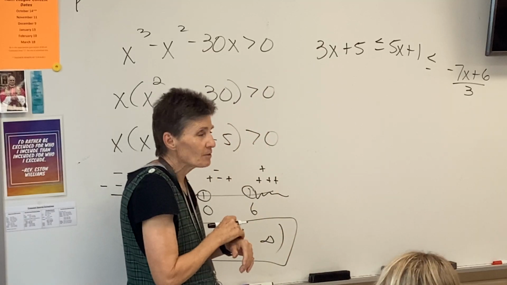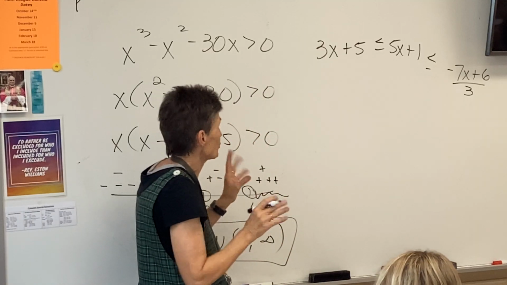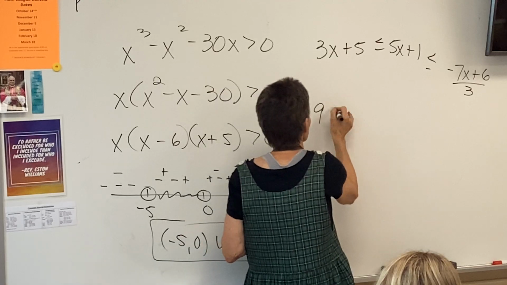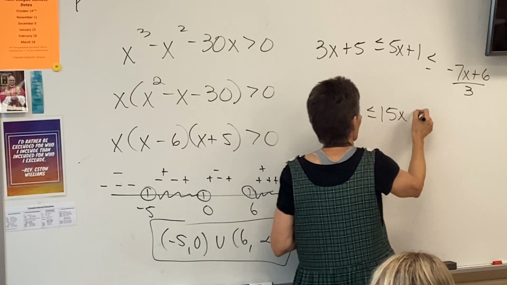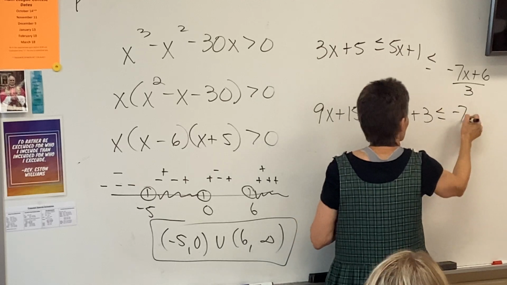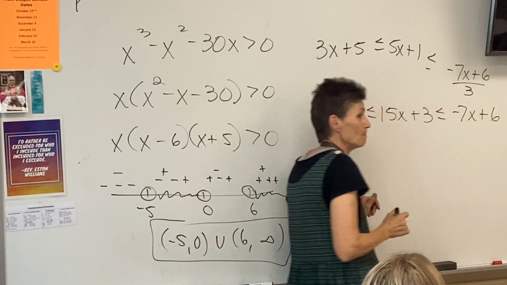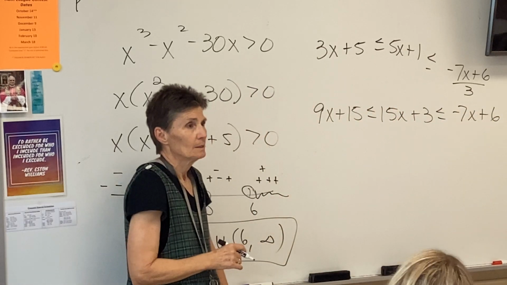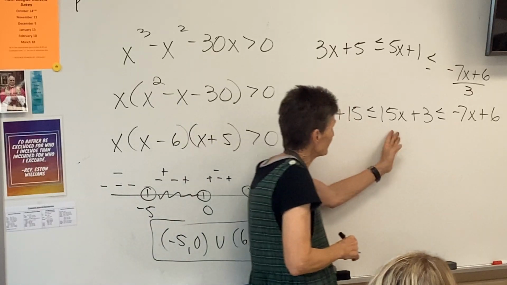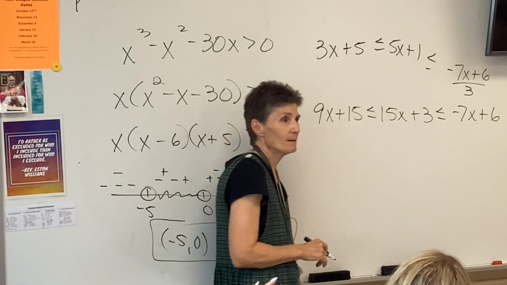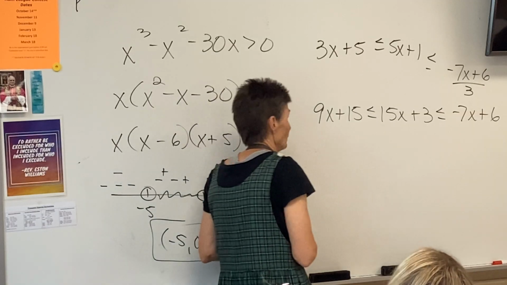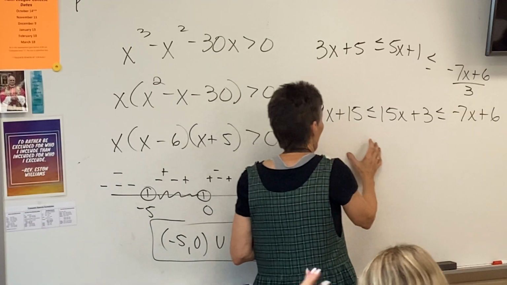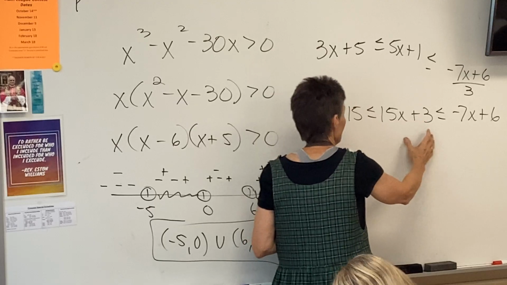You don't have to do this, but I would suggest just multiplying by 3 so that you don't even have to worry about the fraction. So I multiply everything by 3, is that all right? Now, it is going to be impossible for me to gather all the x's in the middle.